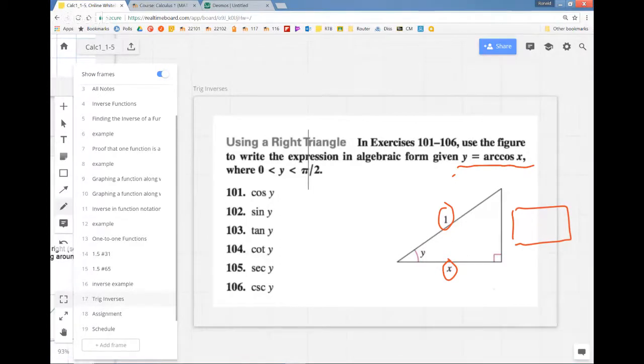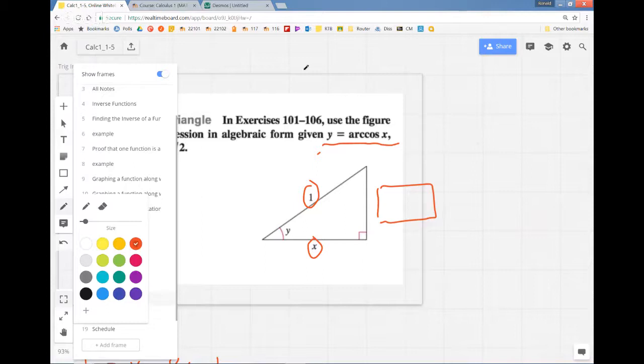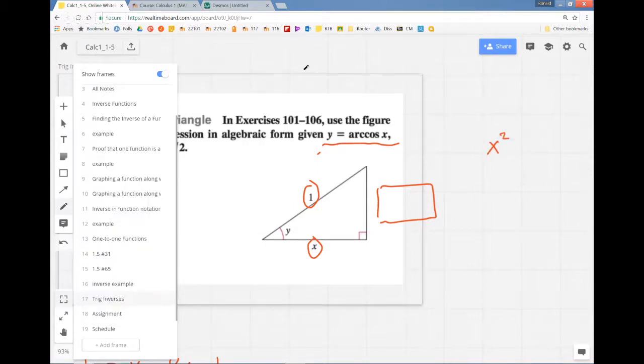Well, you know what's going on here. You've got one leg squared plus this missing leg squared equals the hypotenuse squared.